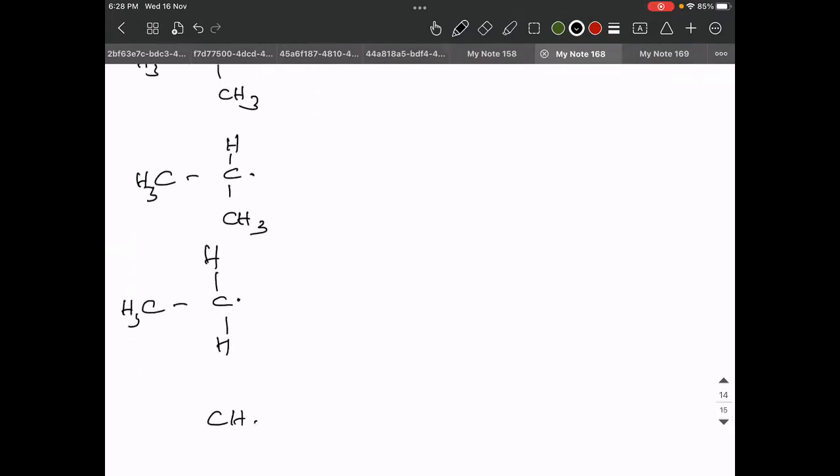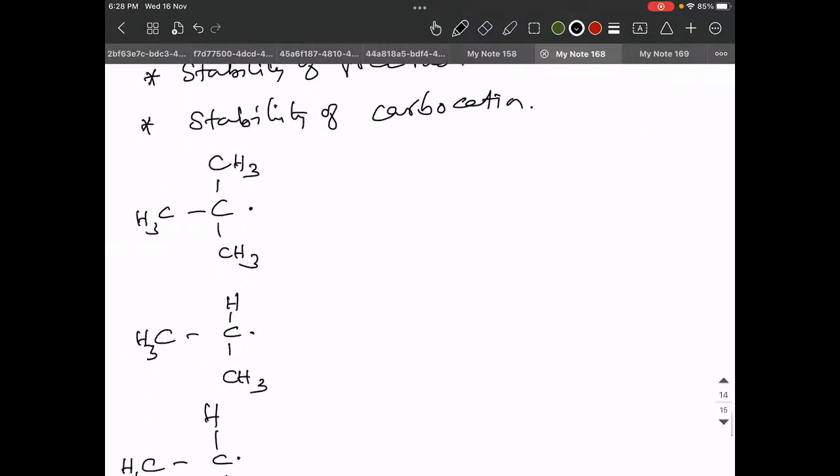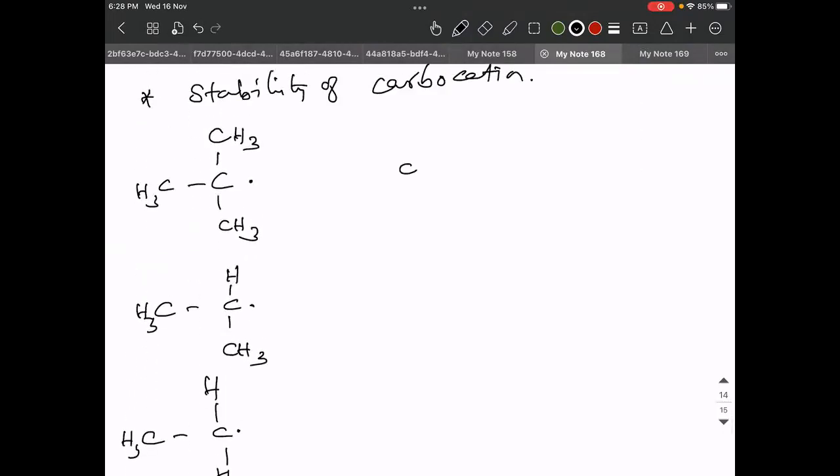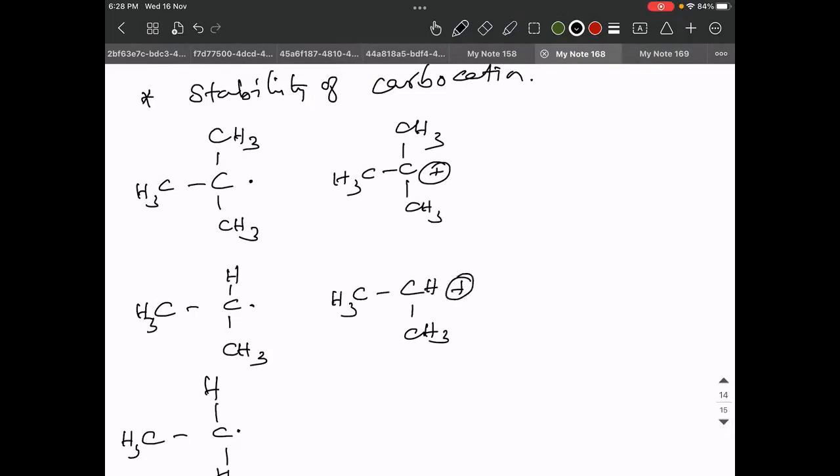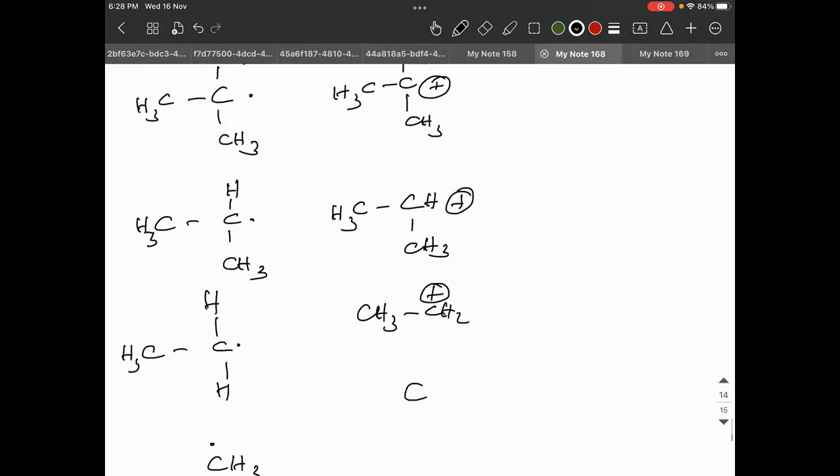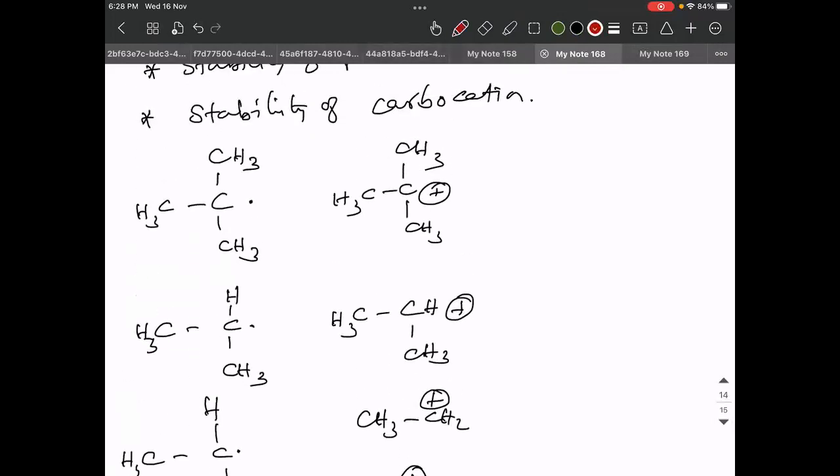And then CH3 dot. Same thing for carbocation: CH3, CH3, CH3 plus tertiary carbocation, secondary carbocation, primary carbocation, and methyl carbocation. Okay, when you are seeing that, the stability will become more.